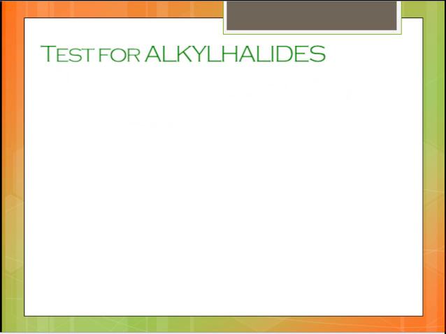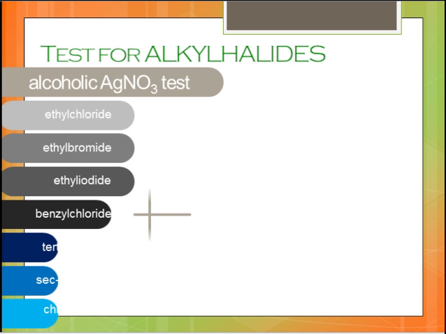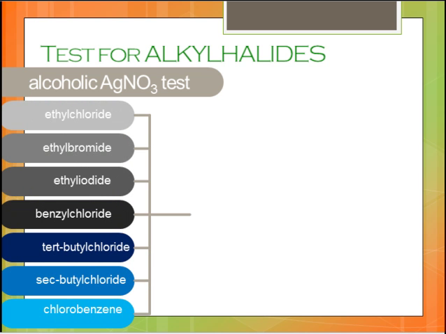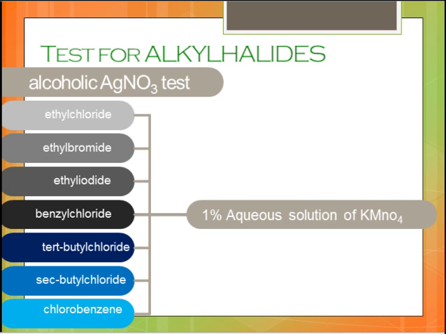Our first test is the alcoholic silver nitrate test, and our reagents will be ethyl chloride, ethyl bromide, ethyl iodide, benzyl chloride, tert-butyl chloride, sec-butyl chloride, and chlorobenzene. The process is to add some alcoholic silver nitrate in a test tube along with a few drops of any of the reagents.